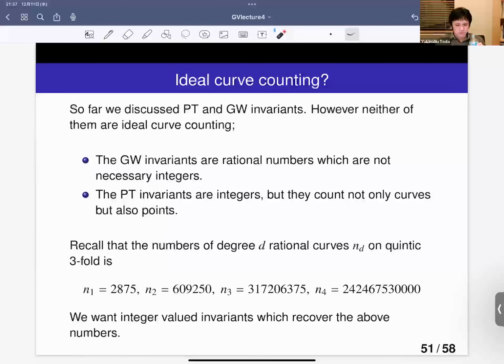So now I'm going to discuss more about the Gopakumar-Vafa theory. So far I discussed PT invariants and Gromov-Witten invariants. However, neither of them is an idea of curve counting, in the sense that eventually you want to find some invariants which are in fact integers and which directly count curves.